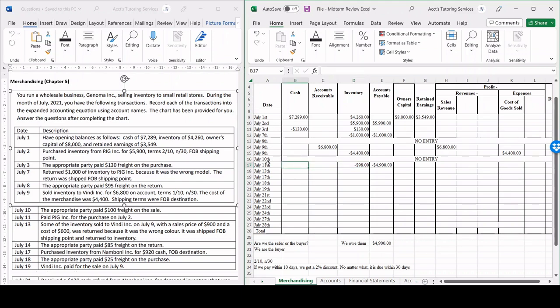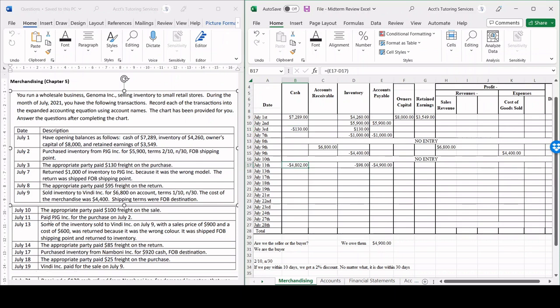Now for cash, in reality, we're not paying the 4,900. We're paying the 4,900 minus the 98. So in this case, we're going to do negative 4,900 minus negative 98 just to get the difference of the two. And in reality, we're going to be paying out 4,802 because remember, we got that discount now.